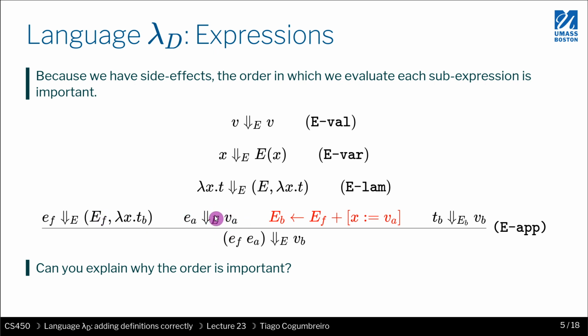Oh, actually, I see where it matters. It matters in these two, because this is using E, and this is using E. The order in which you evaluate each of these does matter, and you have to be careful to not reorder it. Regardless, implement it in the order described here, from left to right. Otherwise, you might have very hard to debug bugs. Okay?